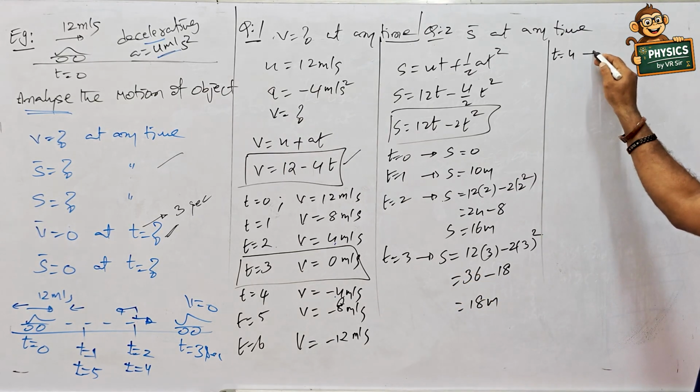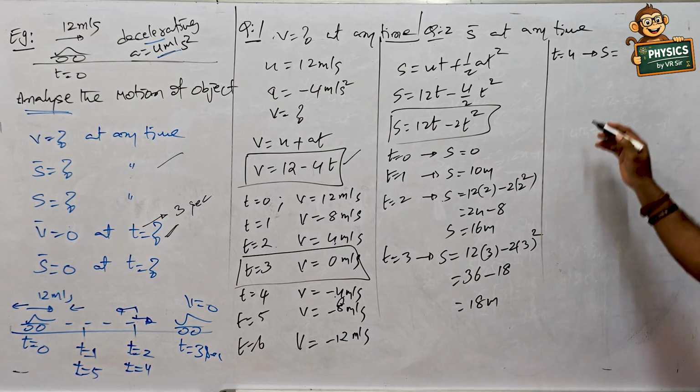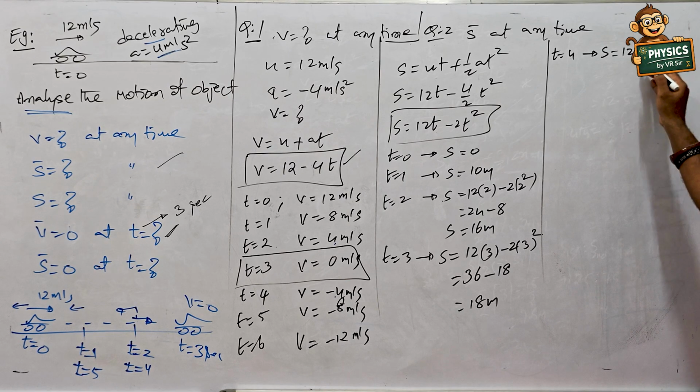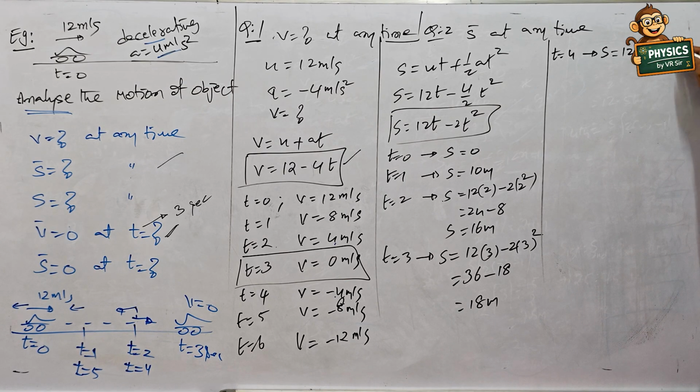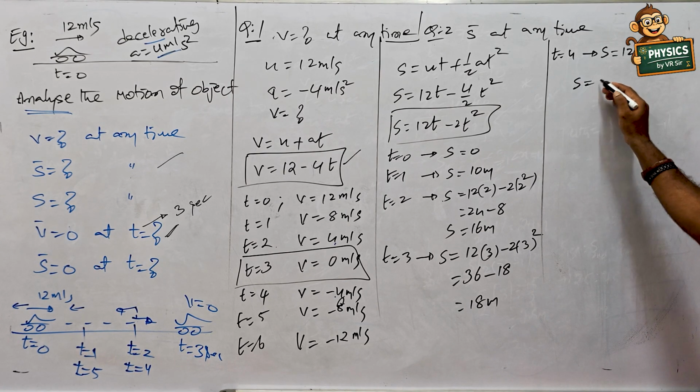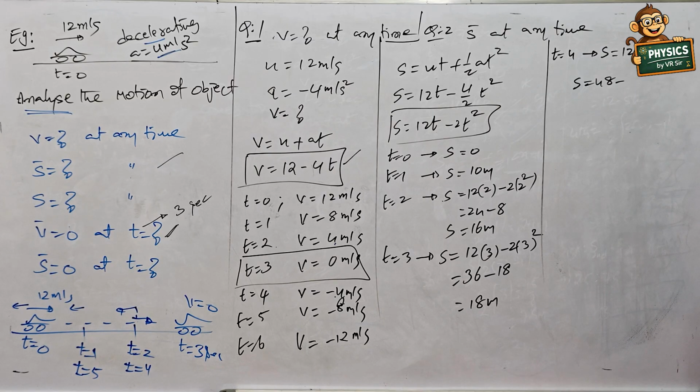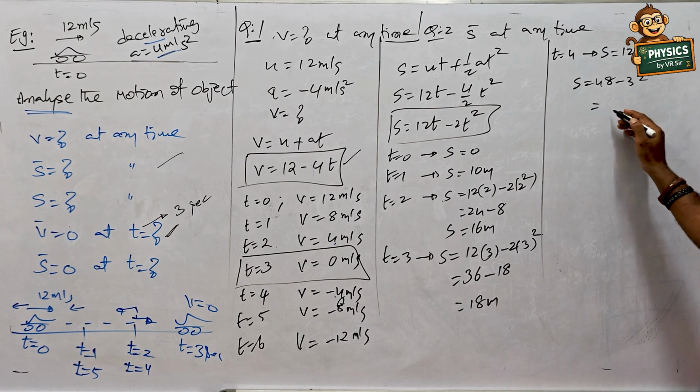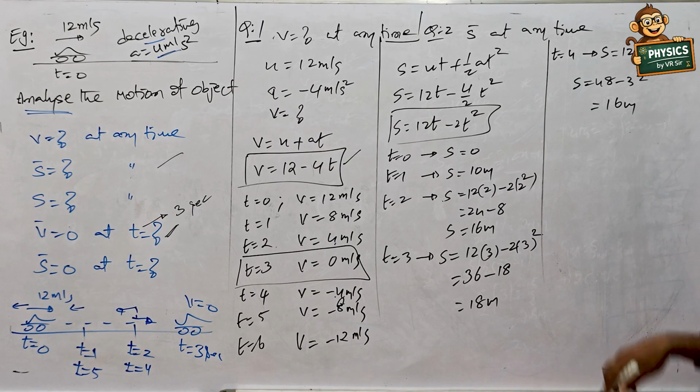Now at t equals 4 seconds, displacement is, substitute, 12 into 4 minus 2 into 4 square. So S equals 48 minus 4 fours are 16, into 2, 32. So 48 minus 32 is 16 meters.